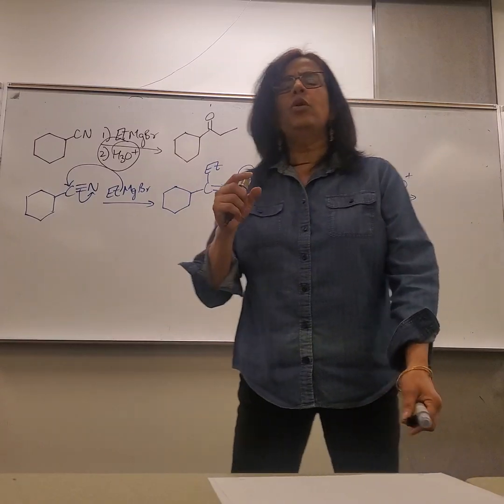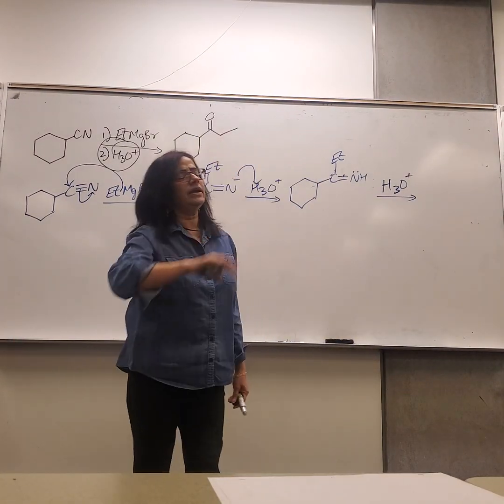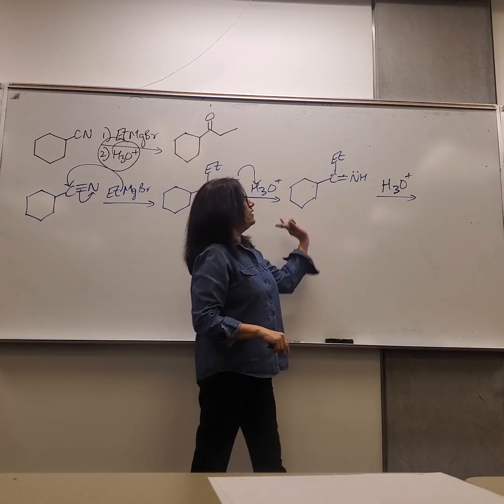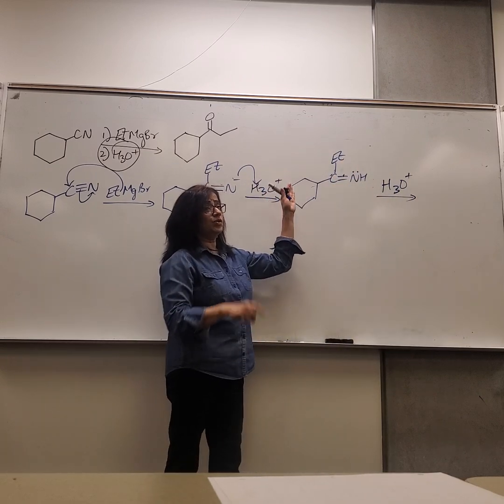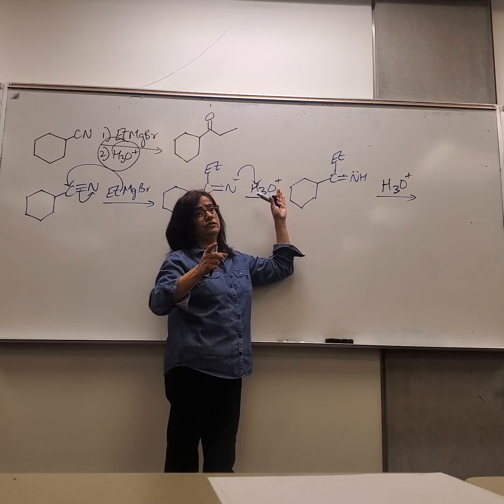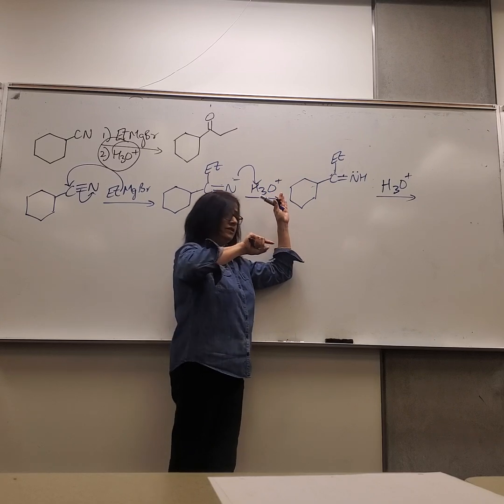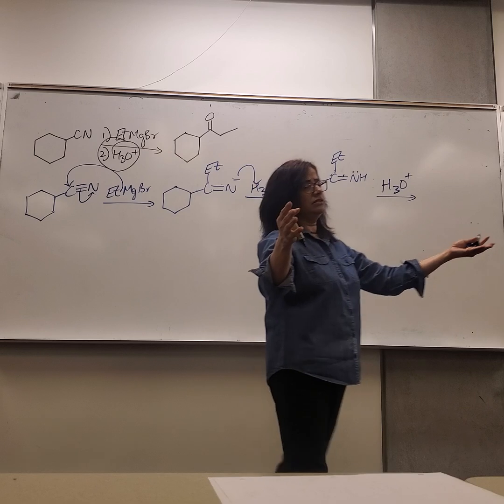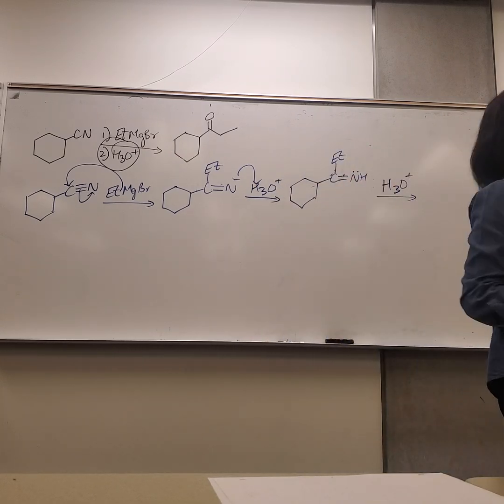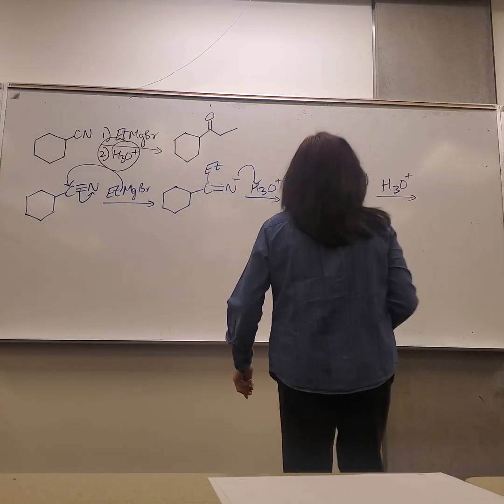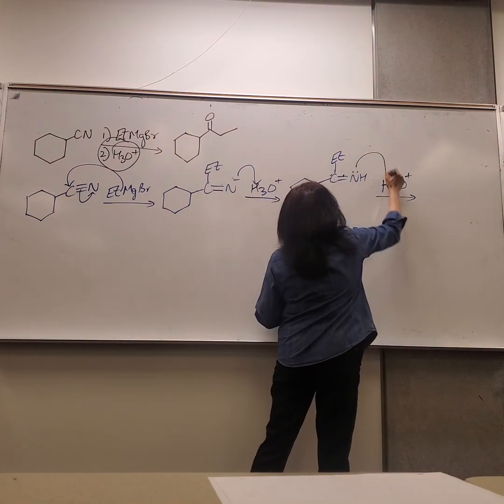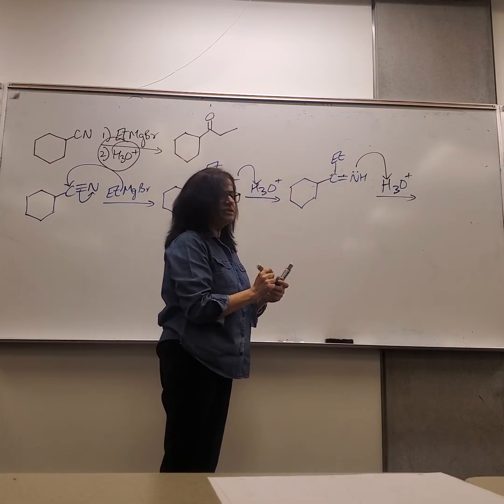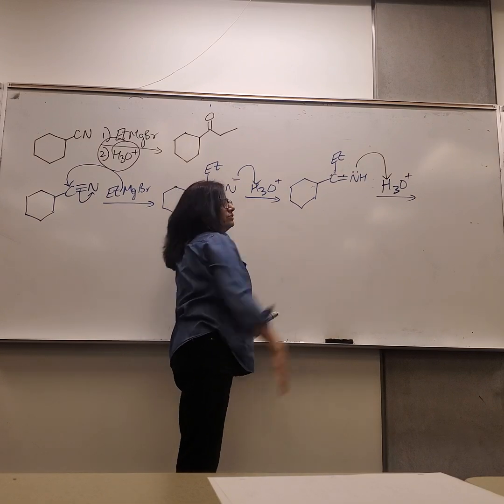Yes. The point I'm trying to make, which is why I asked you to pause, is that if there is an acid in the system, protonation must happen first. The nucleophile attacks after. You cannot attack with the nucleophile first if there is an acid in the system. So this is the place where we are going to protonate first, because there's acid all around us.